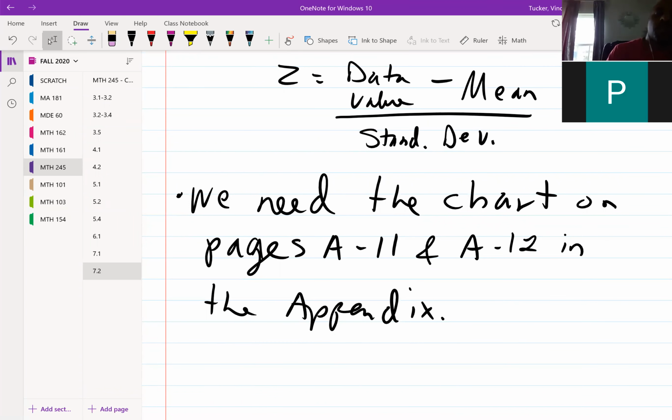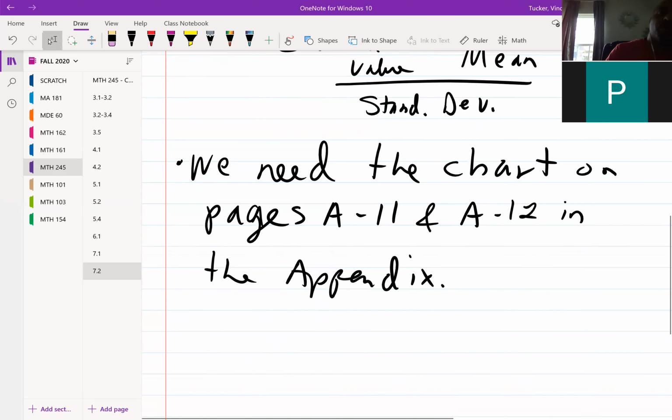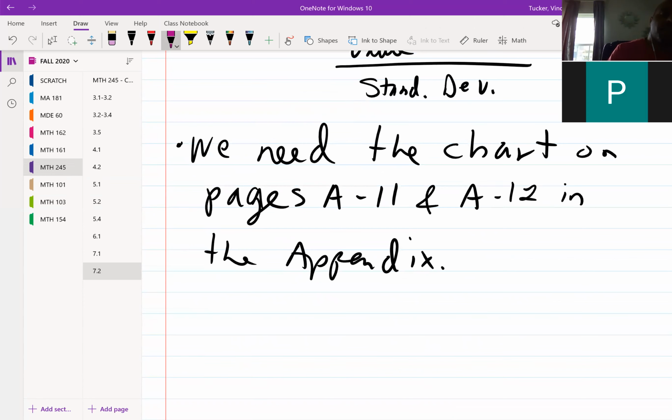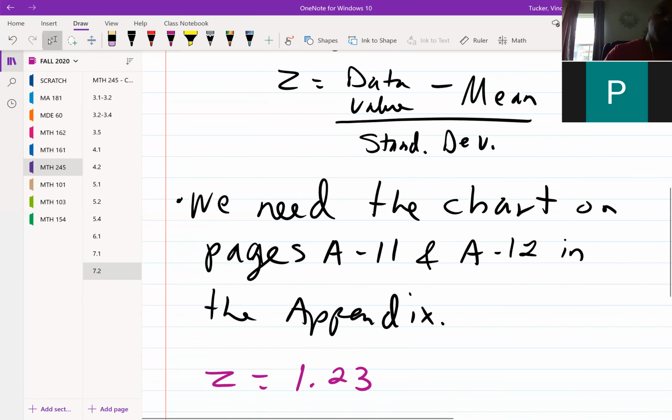All right, so once we calculate our z-scores, let's talk about how we will read this chart. Let's say if we have the z-score of 1, 2, 3. And I should have mentioned up here, well, I'll just write it right here.